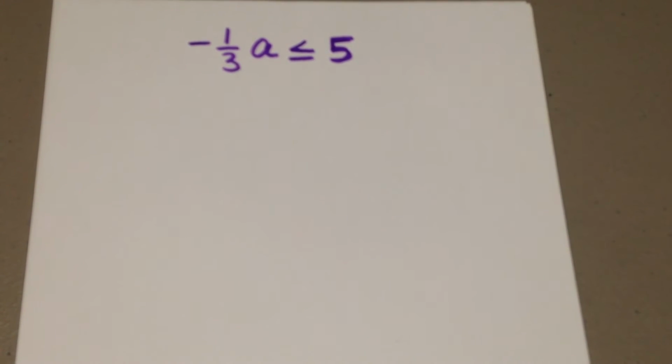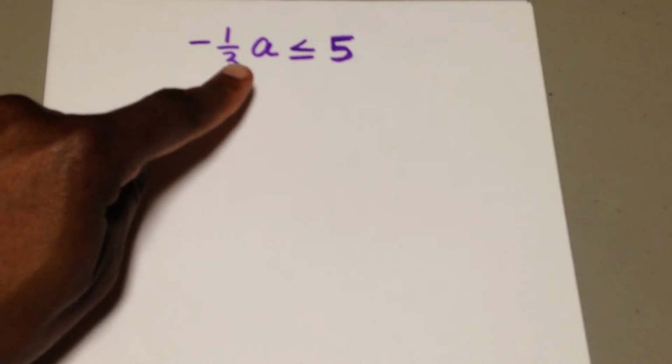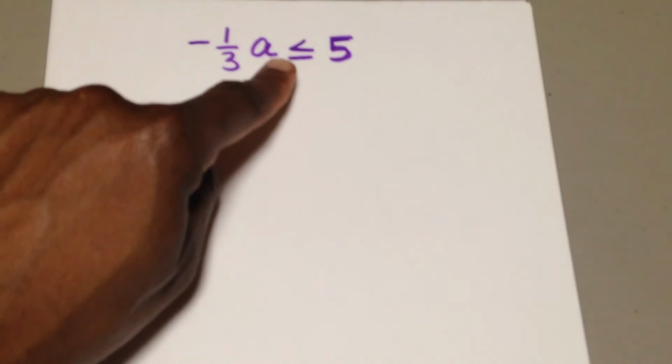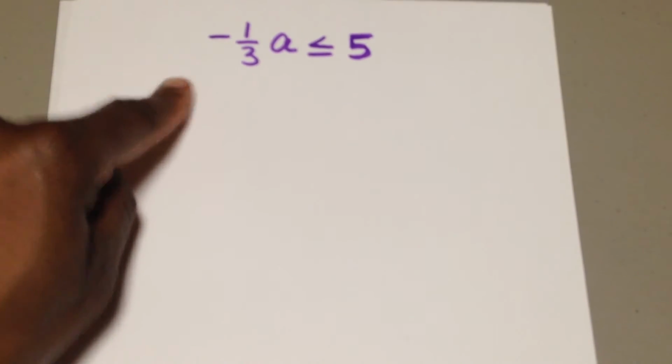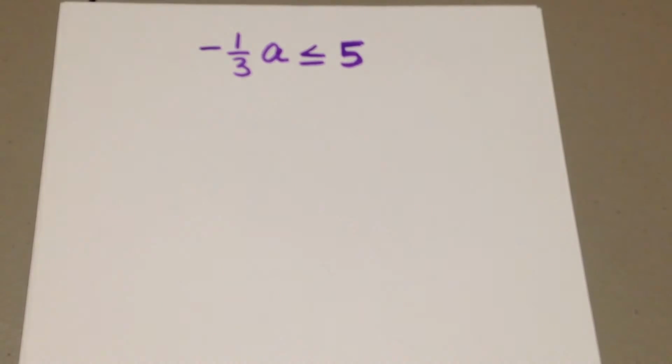Now in this inequality, I have negative 1/3 being multiplied to a, and the product should be less than or equal to 5. So again, negative 1/3 times a is going to be less than or equal to 5. In the last inequality, we divided both sides by a negative number.